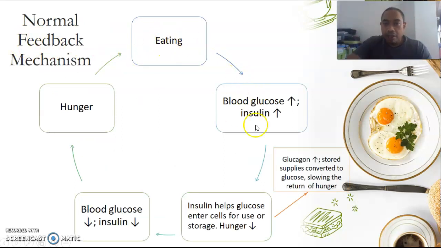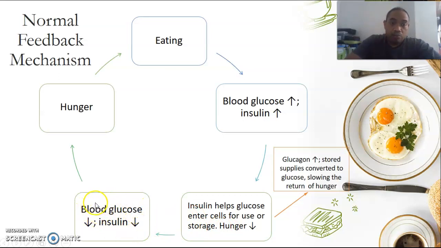When you eat, your blood glucose increases and the hormone insulin increases as well. This insulin helps glucose enter cells for use or storage. Therefore, the hunger will go down. Now, the glucagon will increase too. The stored supply is converted into glucose, slowing the return of hunger. Then after the insulin is used, of course, the level of insulin will go down.